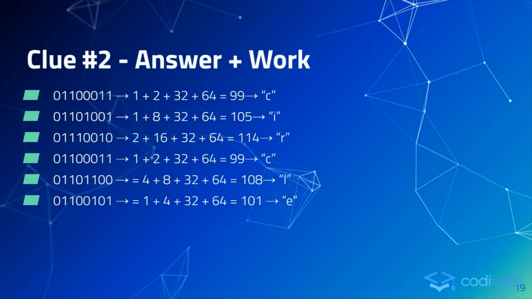The first binary letter will convert to a C in ASCII, and this is because 1 plus 2 plus 32 plus 64 becomes 99, and that becomes a C. After that, the 1 plus 8 plus 32 plus 64 becomes a 105. That becomes an I. Third, 2 plus 16 plus 32 plus 64 equals 114, and that corresponds to an R. And so on until we get the word circle.